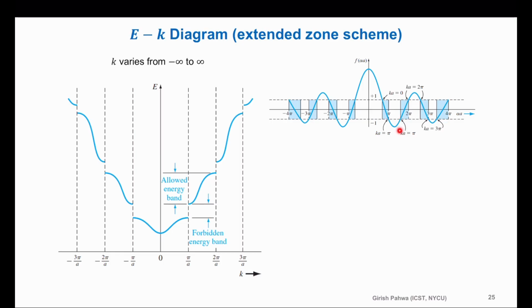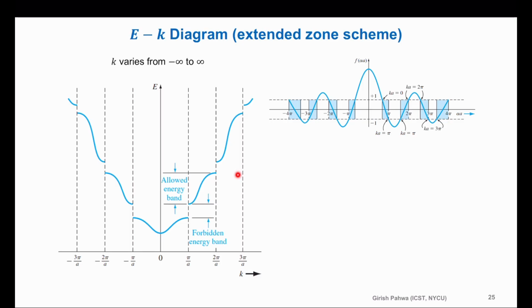And then again you have a similar gap at 2 pi by A. This is 2 pi by A, and the next one is starting from here. So this gap is missing. No alpha A is allowed, which means no energy is allowed. And this is the energy axis, so no energy allowed means I go vertical here. Similarly, you can keep on plotting on the left hand side also, and this is your EK diagram.